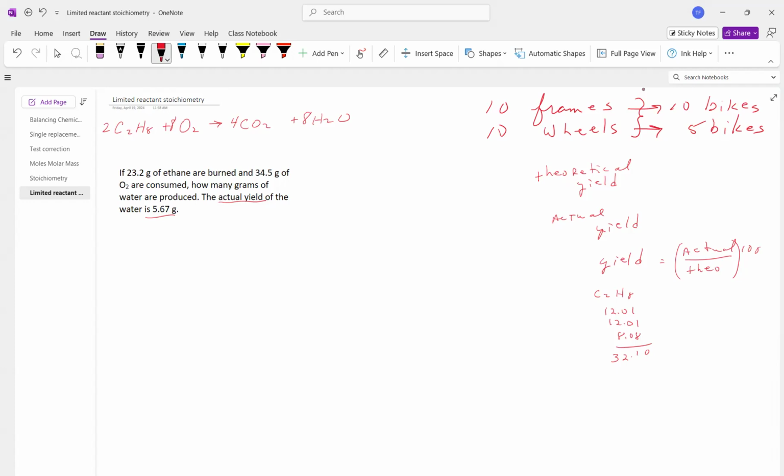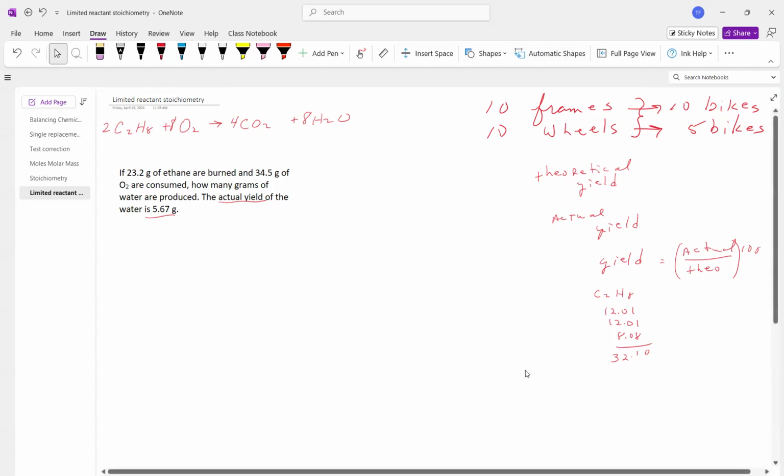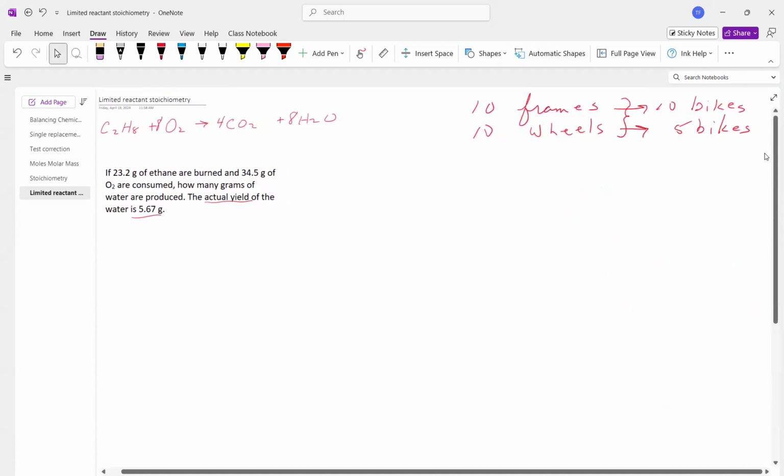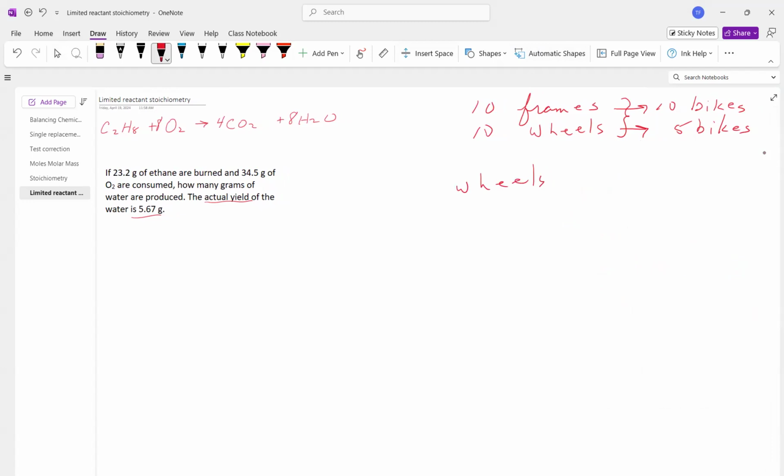So in this case, the number of wheels limits the reaction, not the number of frames. But we had to do two calculations to determine that.